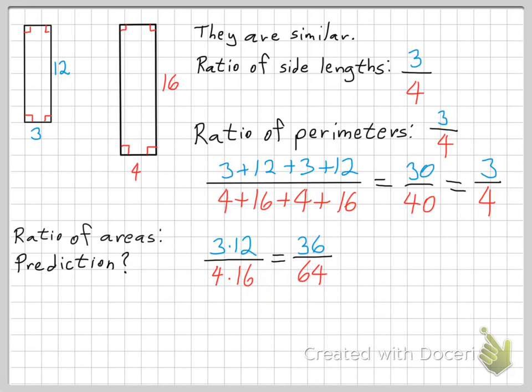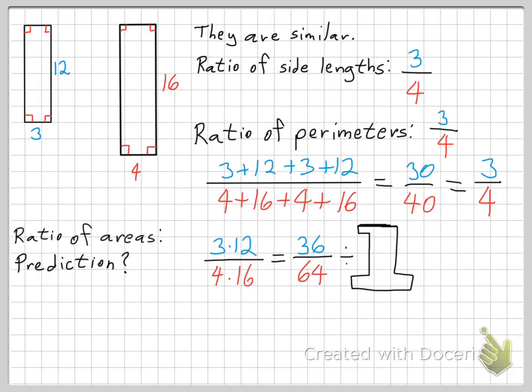Okay? So we have the two areas. 3 times 12 is 36, so the area of this rectangle is 36 square units. And the area of this figure is 16 times 4, which is 64 square units. So we have the ratio of 36 to 64. And I want to divide by my magic number 1. Remember, dividing any number by 1, you still keep that same number.